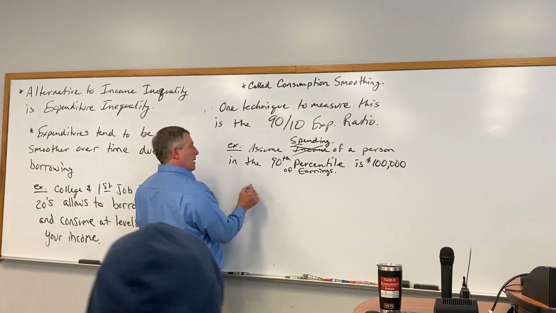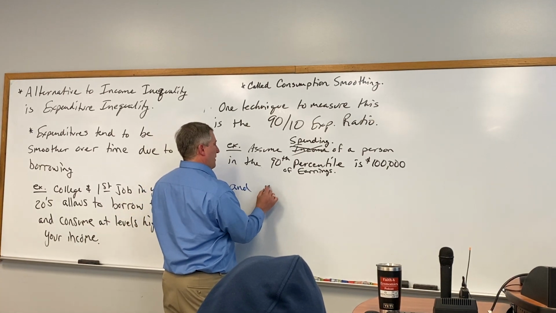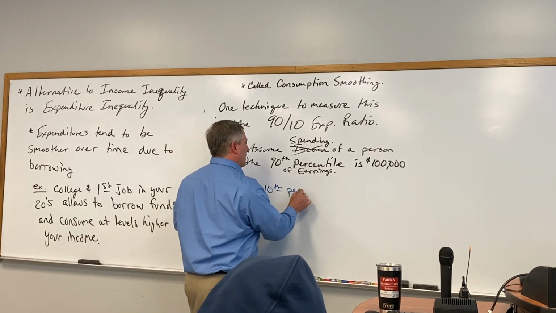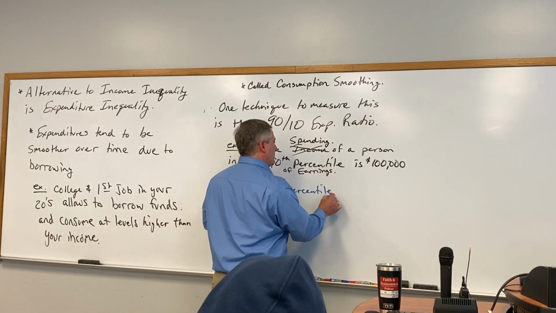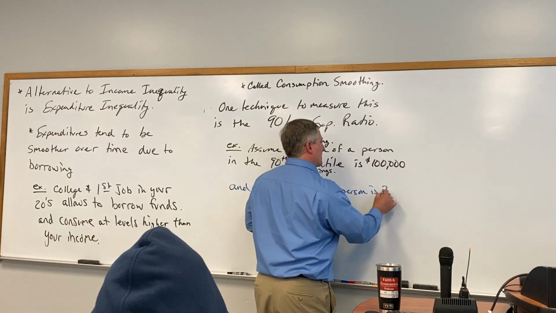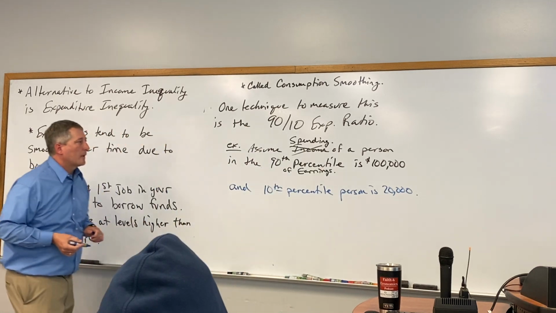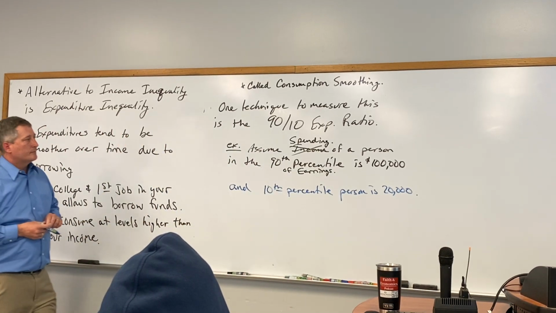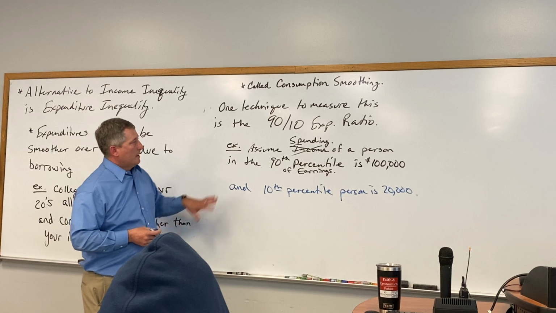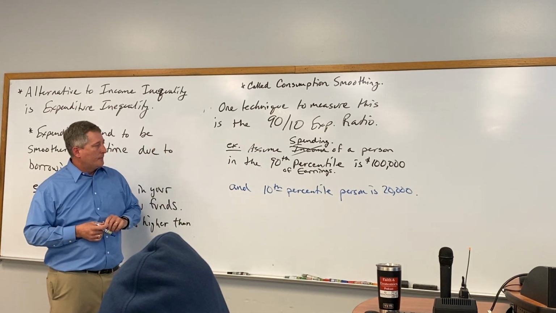And the 10th percentile person is 20,000. So we got the higher income earner, the lower income earner.